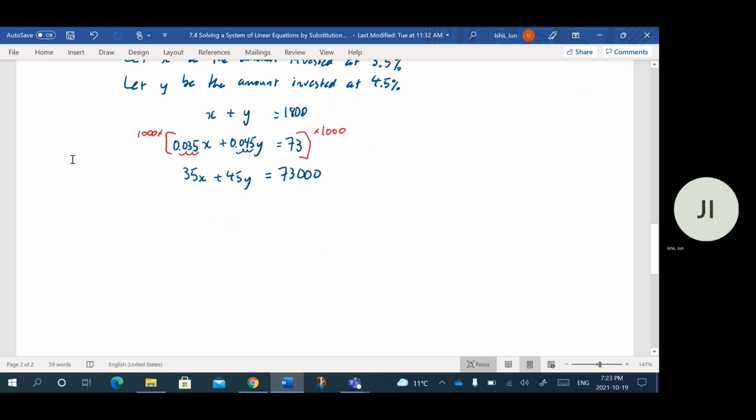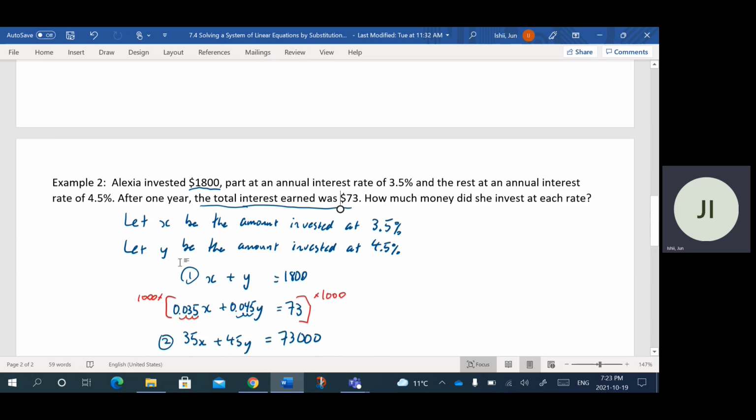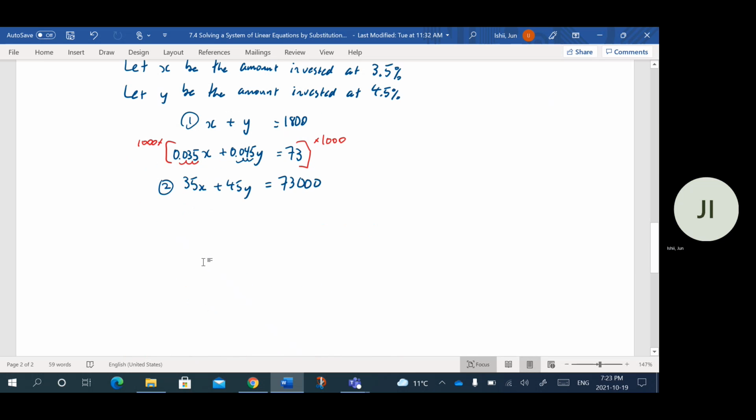All right, so now if I want to solve this by substitution, I go back to my 2 equations. Basically what I want to do is isolate a variable. And it's probably pretty obvious that I want to use the first equation here and isolate one of either the x or y. It doesn't matter which one you isolate.